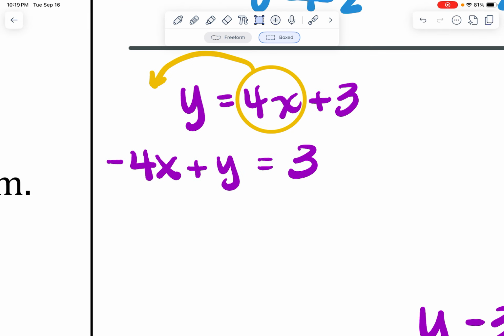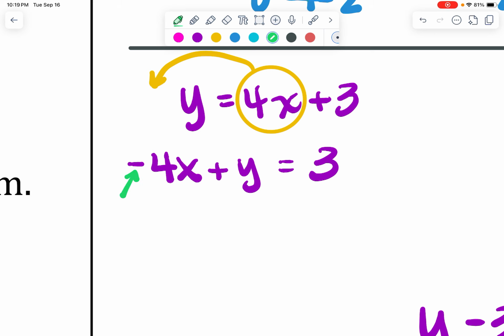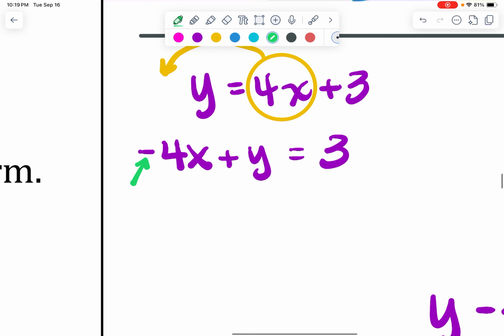Now, pretty cool that this is almost in perfect standard format. I don't have any fractions, but I do have this negative starter, which I'm not supposed to have. So the easiest way to get rid of a negative starter is to multiply everybody by -1. Or you can divide everybody by -1, but I'm just going to go ahead and multiply everybody by -1.